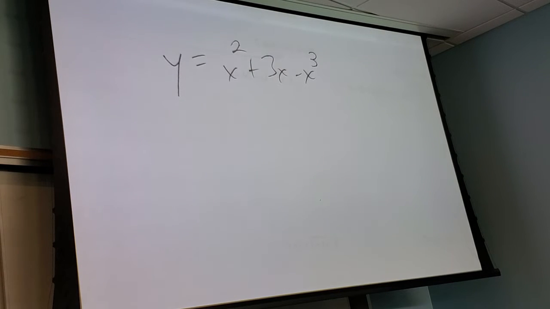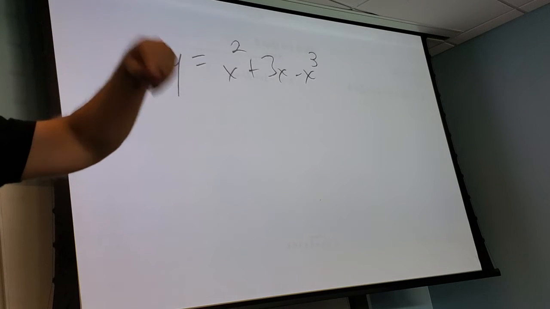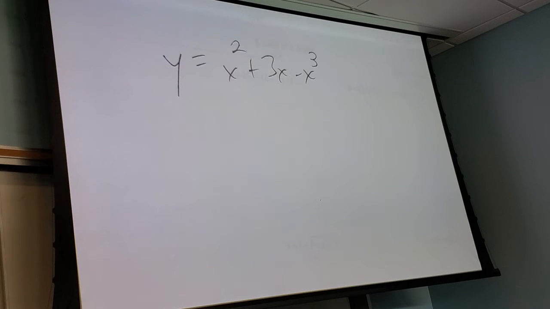How many y's do you see up there? 1. So every x I put in, I'm going to get 1 y out. And isn't that the definition of function? So if you can solve some given equation with x's and y's for y equals one thing, it's a function of x.